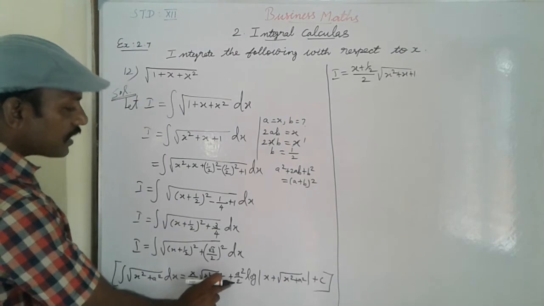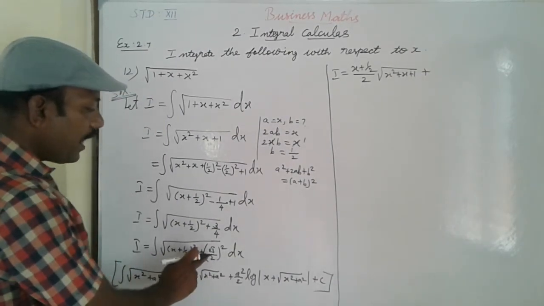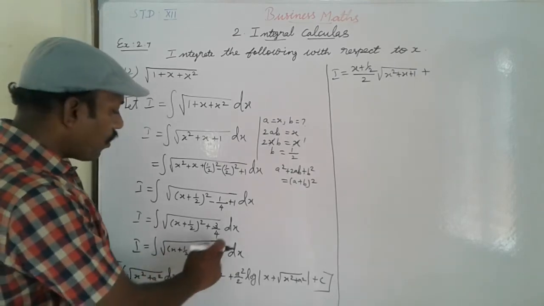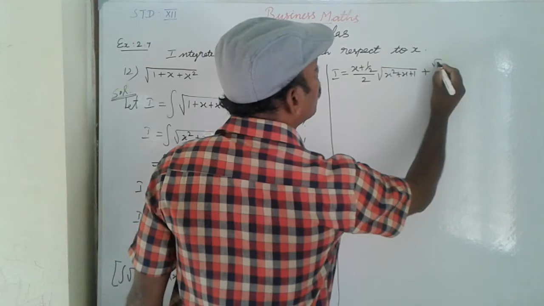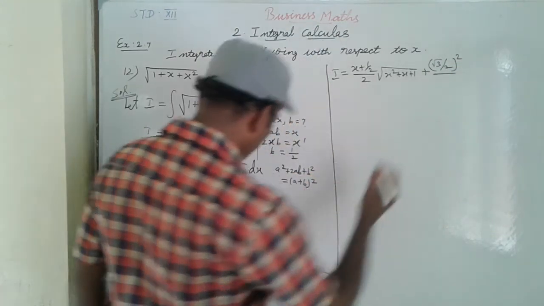Next, plus a square value. A is root 3 divided by 2, so a square is root 3 divided by 2 whole square, divided by 2.